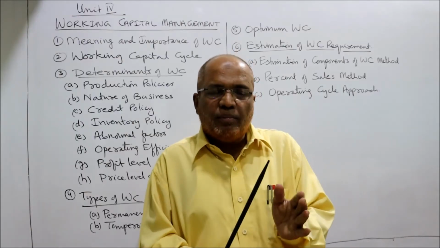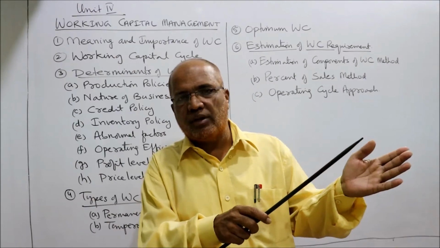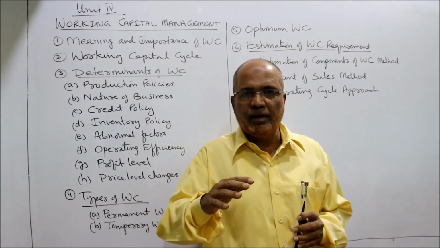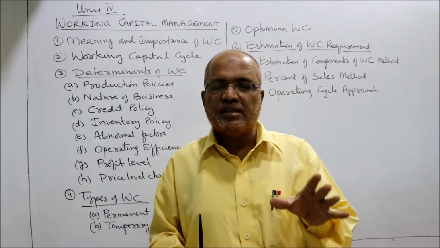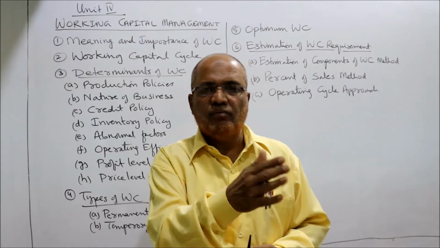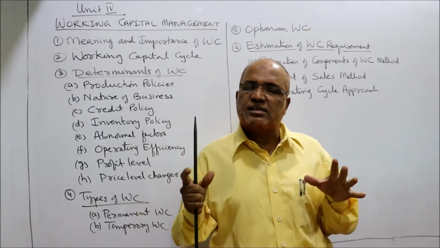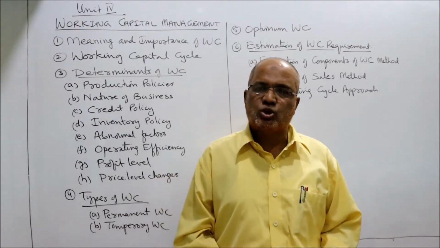So that raw material storage is, let it be 1 month. After 1 month the material from the godown or stores will be issued to the factory where it will be converted into finished goods. So here some labor is applied, some expenses are applied, so raw material will be converted into finished goods. Once the production cycle is completed, this work in progress will be converted into finished goods.